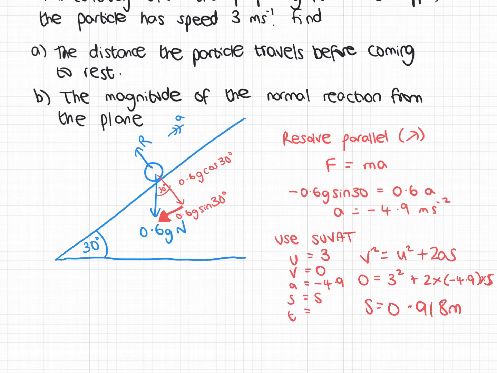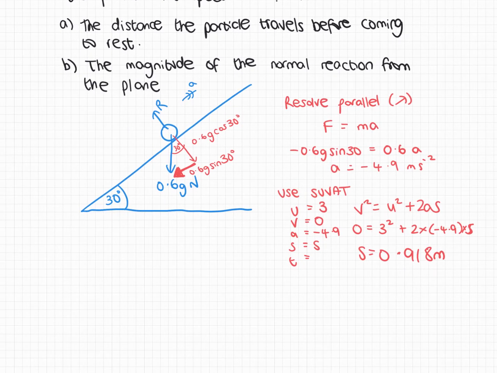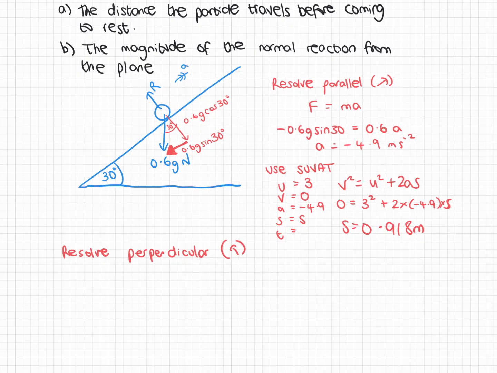And then for part B, it says find the magnitude of the normal reaction from the plane. Well, normal reaction, if I resolve going perpendicular to the plane, it's not moving in that direction. There's no resultant force.